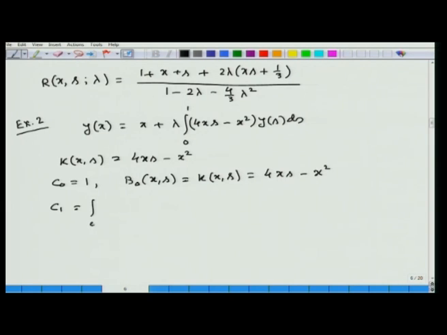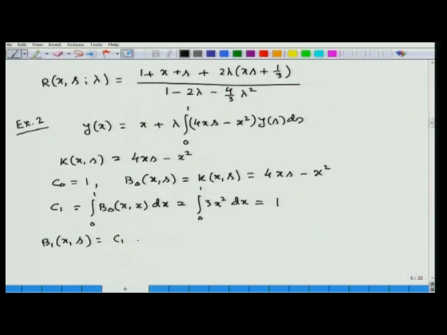C1 is equal to integral 0 to 1 of B0(x, x) dx. Now, B0(x, x) will be equal to 4x² − x², so that means 3x². So, integral 0 to 1 of 3x² dx, and after evaluating this integral we can find this is equal to 1.